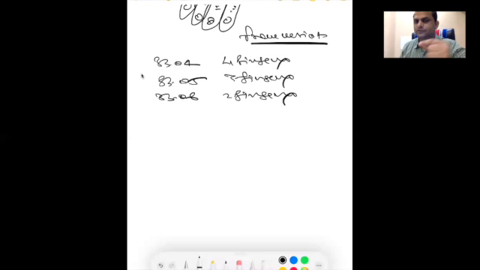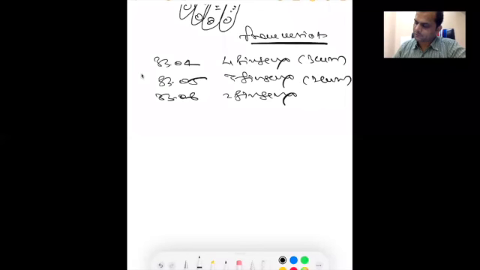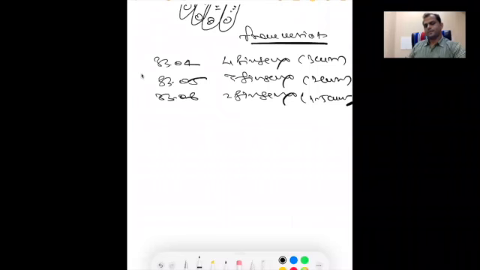I am writing in the finger. If I want to write in the chun, then 3 chun, 2 chun, and 1.5 chun. But remembering in the form of fingers is easier.